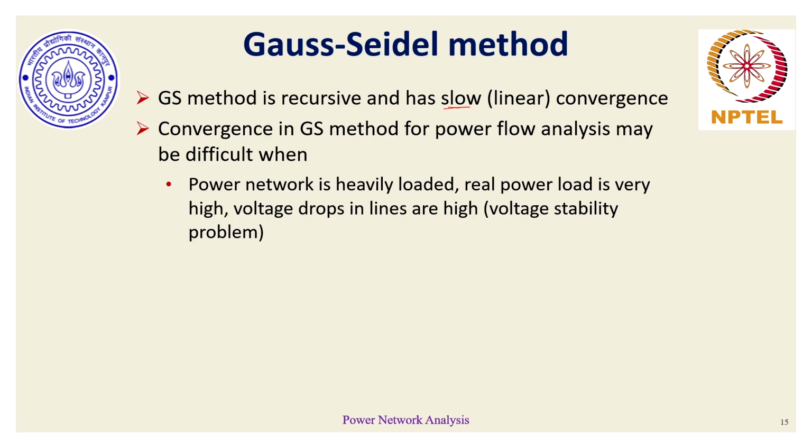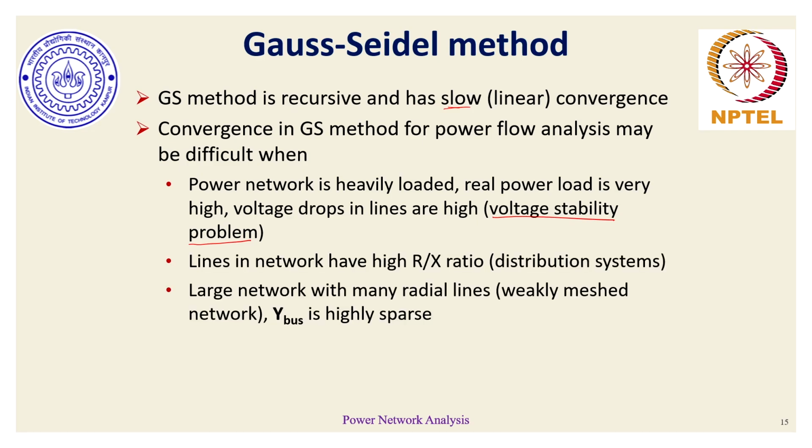Convergence of the Gauss-Seidel method becomes very difficult when the network loading is extremely high and a voltage stability or instability problem might come in those cases. The Gauss-Seidel method has difficulty in convergence when lines have high R by X ratio, specifically in distribution systems. So it need not give you the proper high voltage solution.